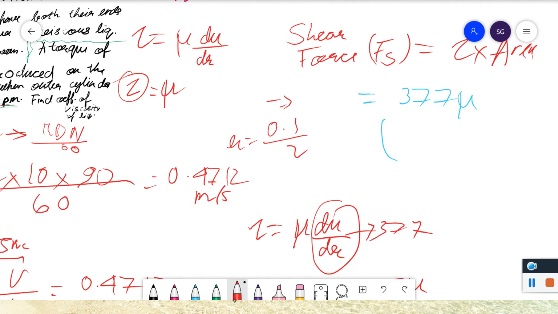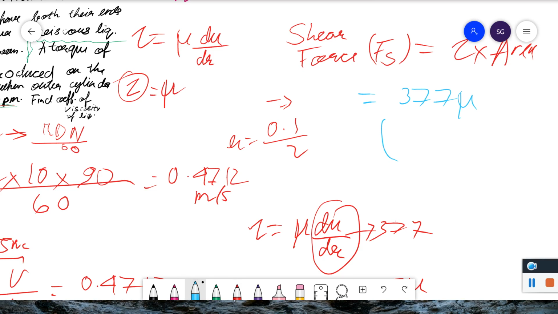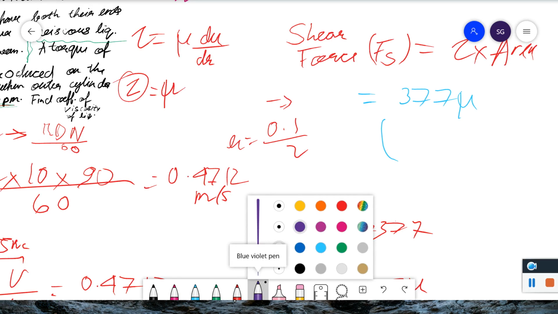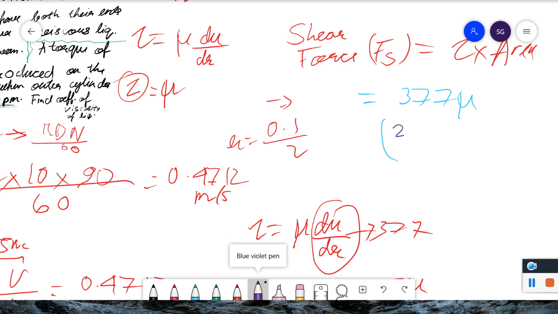So this would be 377 mu into area. Area, what we have to do is, wait, this area is 2 pi R. This you have learned in the previous question. Now it is just the circumference, isn't it? That is 2 pi r we have calculated. And you remember we have done the dr also.